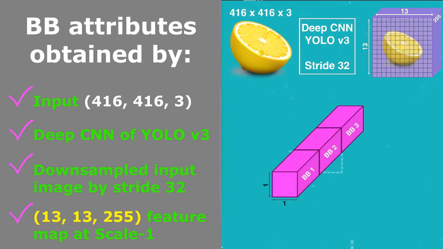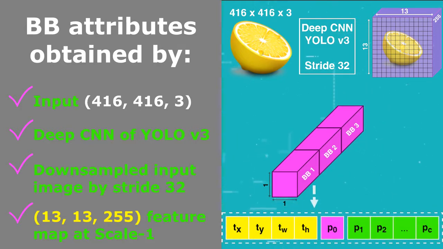Since we have 3 anchor boxes, each cell encodes information about 3 predicted bounding boxes. Each predicted bounding box has the following attributes: center coordinates, predicted width and predicted height, Objectness Score, and a list of confidences for every class this bounding box might belong to. As we use the COCO dataset as an example, this list has 80 class confidences.